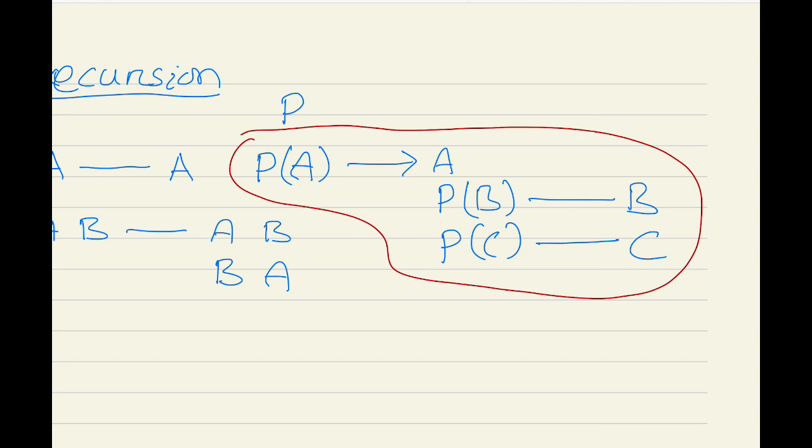In place of permutation we are writing P for simplicity; you can take any method name.